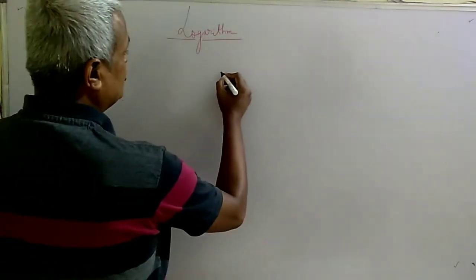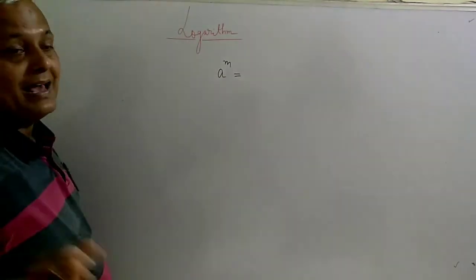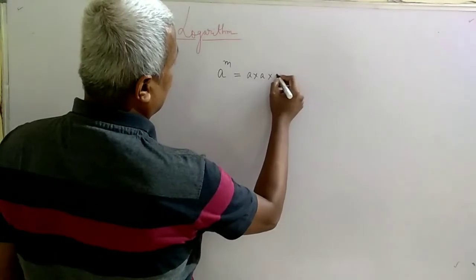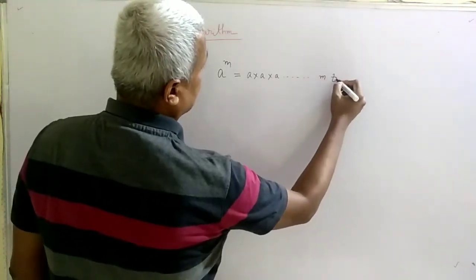In indices, you know that a to the power m means a has been multiplied m times. So it goes like a into a, like that, m times.